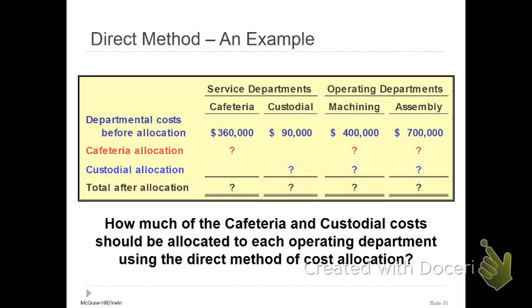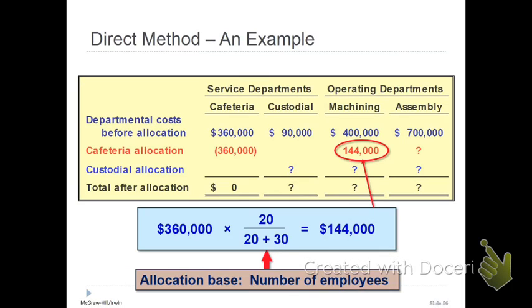So notice what's going to happen here. We're going to take the 360 grand. There are 20 employees in the machining department. The total between machining and assembly were 50 employees, so my denominator is 50. So 2/5, 20 over 50, of the 360 is going to get allocated to machining.